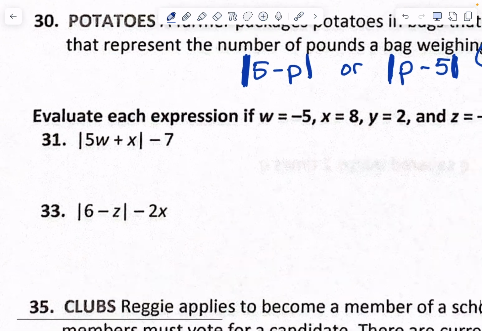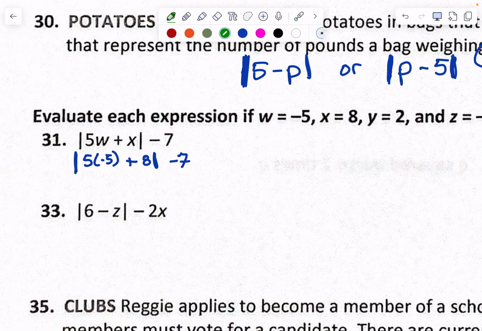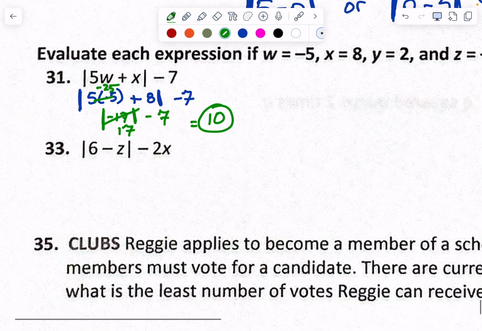How about that? W is -5. X is 8. Absolute value minus 7. All right, so we've got -25. If we multiply those together, plus 8 is -17. What's the absolute value of -17? Positive 17. And 17 minus 7 is 10. That was really fast. Was that too fast? No?